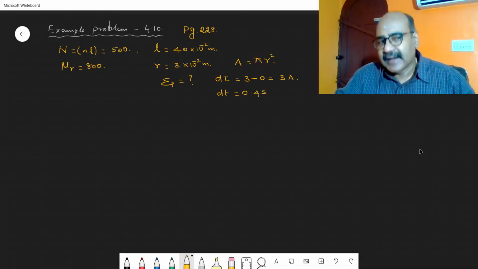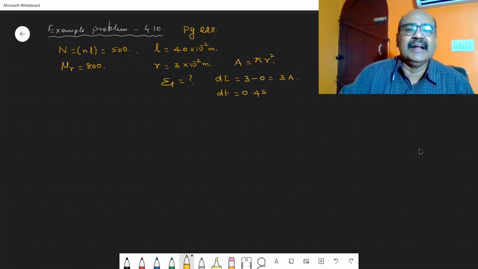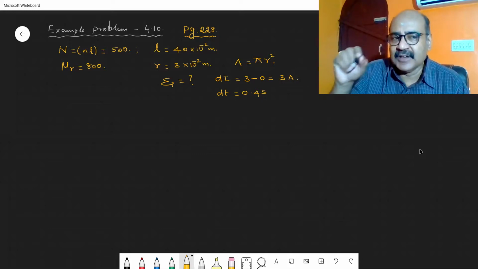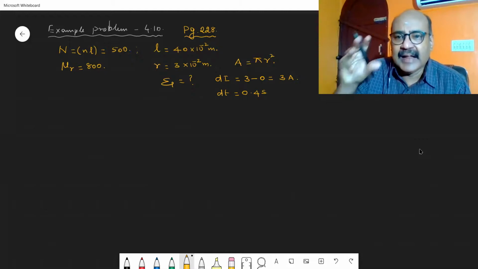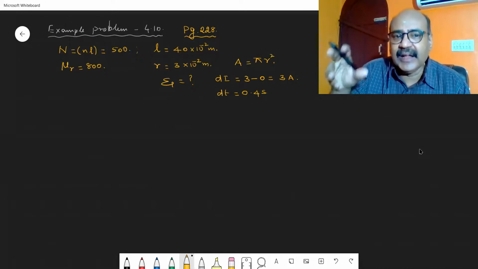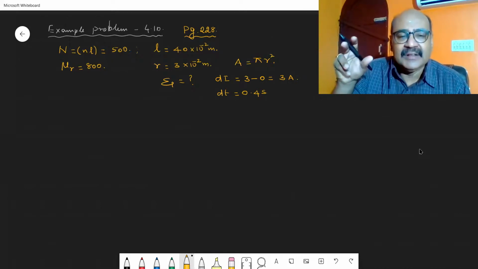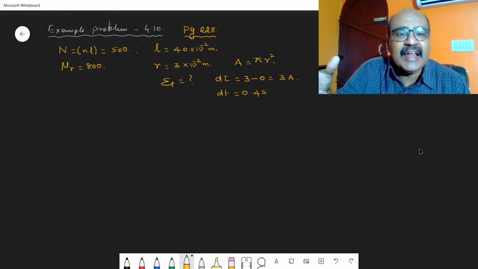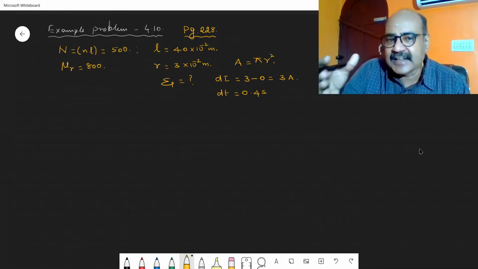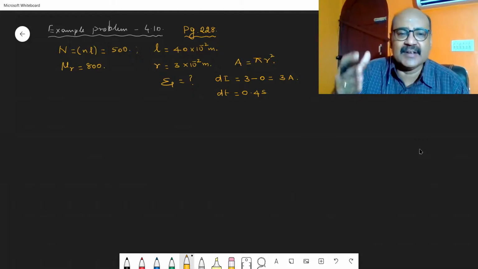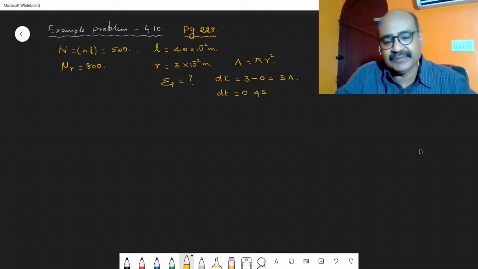This is the data that was given. The total number of turns capital N is 500. Relative permeability mu r is 800. The length is 40 into 10 power minus 2 meter. The radius is 3 into 10 power minus 2 meter, from which the area can be calculated. The change in current is 3 ampere in a time dt equal to 0.4 seconds. You are asked to calculate the EMF.